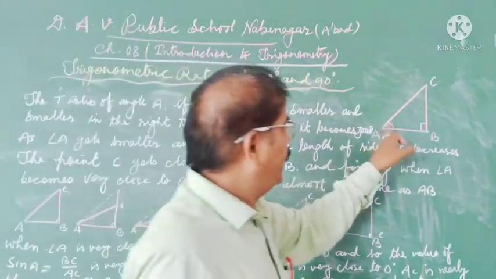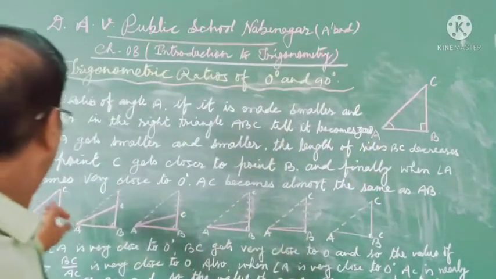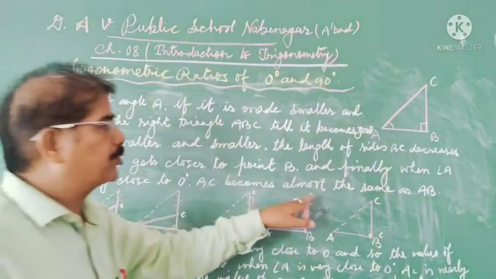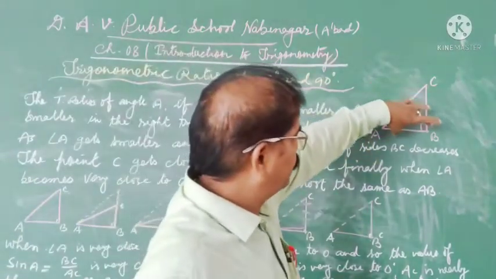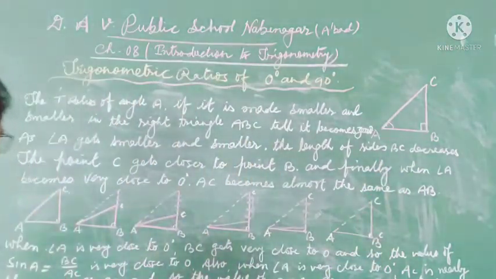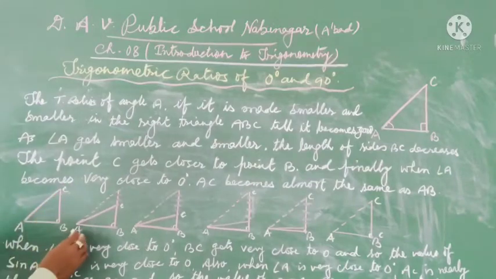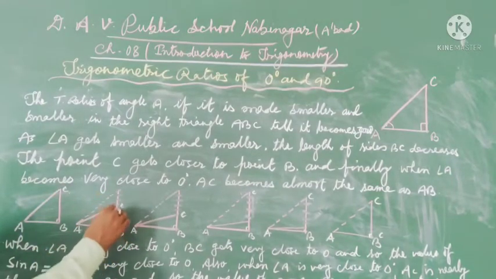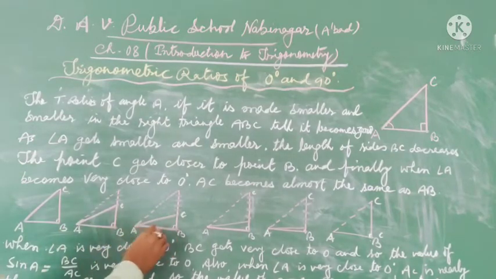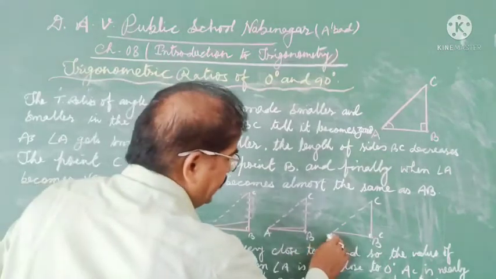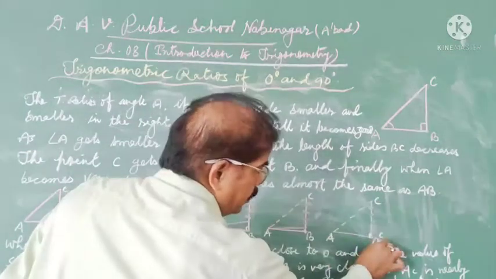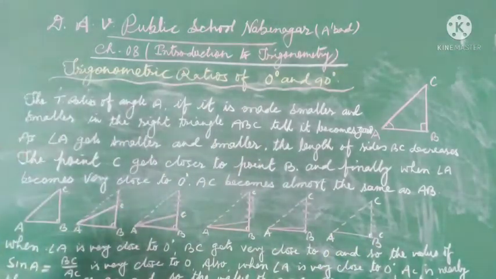And finally, when angle A becomes very close to 0, AC becomes almost the same as AB. Since BC decreases and C is closer to B, finally AC coincides with AB.